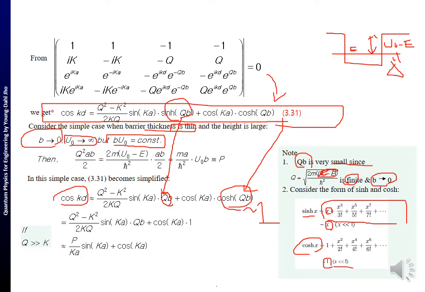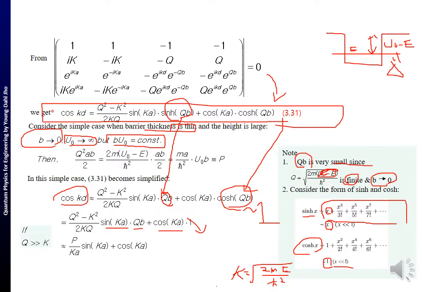Okay. So then sine KA times QB plus cosine KA times 1, so ignore it. And then here we compare Q and K. K is a function of energy, 2mE.